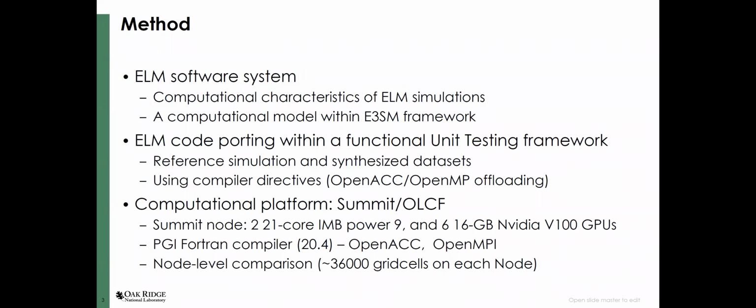The platform we're using, as I mentioned, is Summit. Each Summit node has basically 22 cores of IBM Power9 and 6 GPUs. Because we're using OpenACC, we are very picky about the specific compilers, and we're also using OpenMPI.